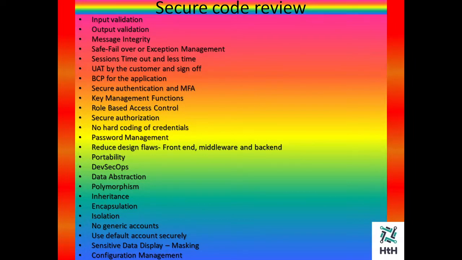In this slide, we'll discuss secure code review, what is done during the phases of SDLC. First, input validation. Here the application's inputs come in various forms: alphanumeric characters, integers, real numbers, dates, and various other paragraph inputs. While designing the application, care must be taken to ensure there is no buffer overflow flaw and that inputs are validated.